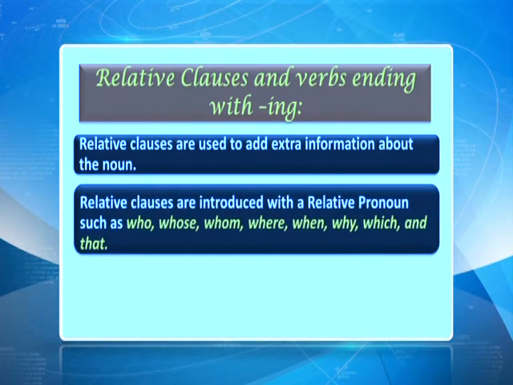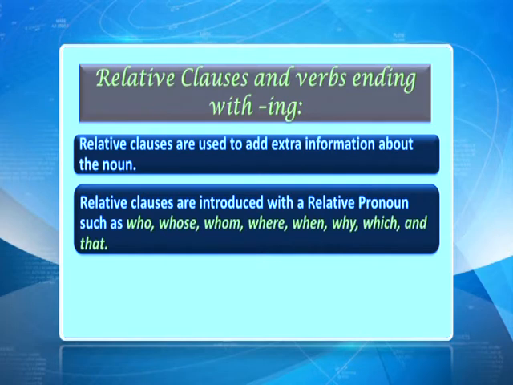Then, how can I know that this is a relative pronoun or relative clause or adjective clause? We say that it starts normally with one of the relative pronouns. Relative pronouns are very well known, such as who, which, where, when, whose.